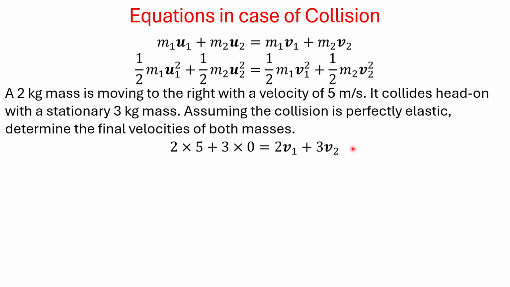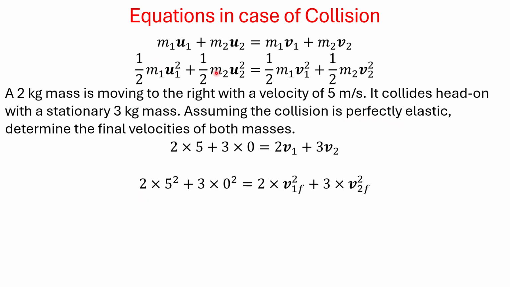So a single equation can never offer us a value of these two velocities. So conservation of kinetic energy we are considering because the collision is referred as perfectly elastic.